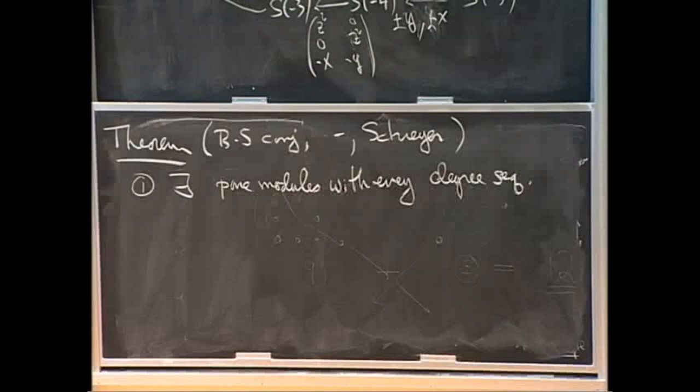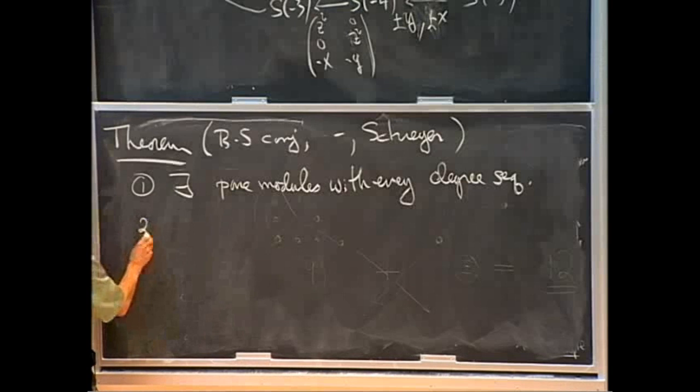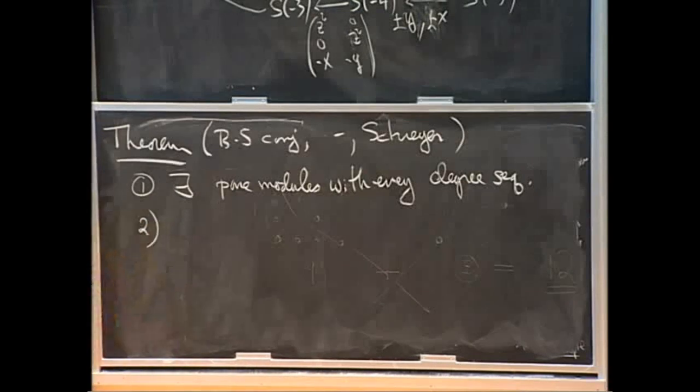Doesn't mean you start out. Second, every Betti table can be decomposed as a sum of these in a positive way. That is to say, every Betti table is a positive rational linear combination of these pure Betti tables. You now know the pure Betti tables because this is a pure Betti table.